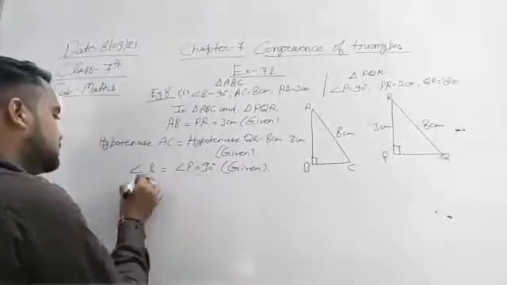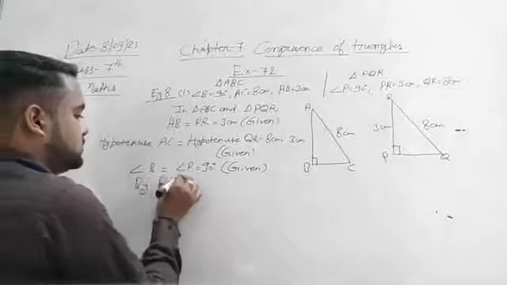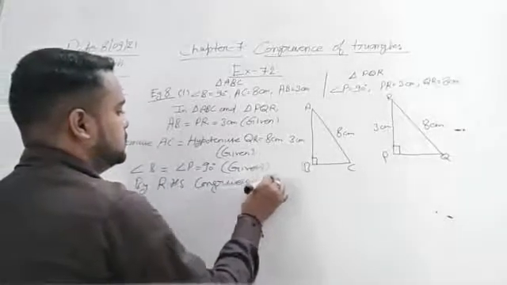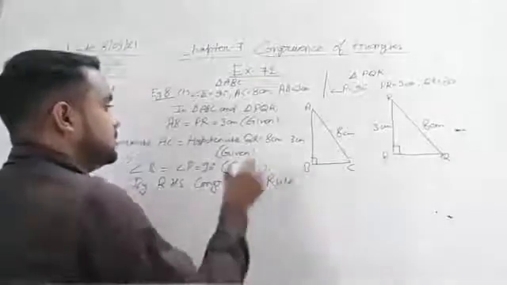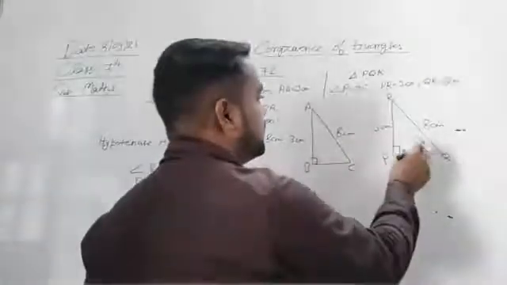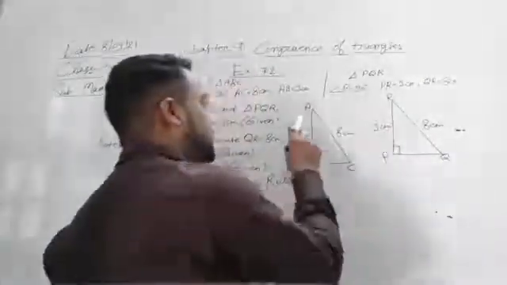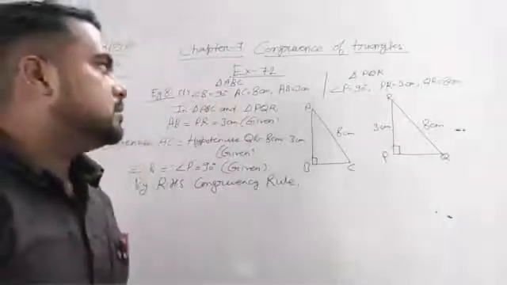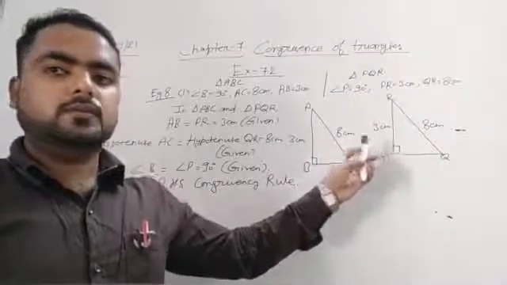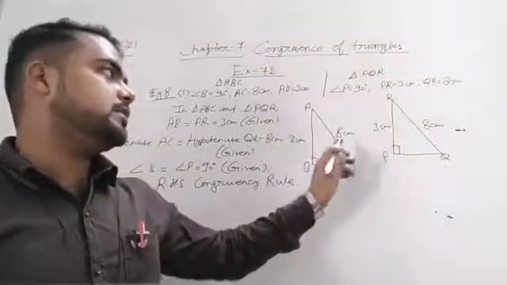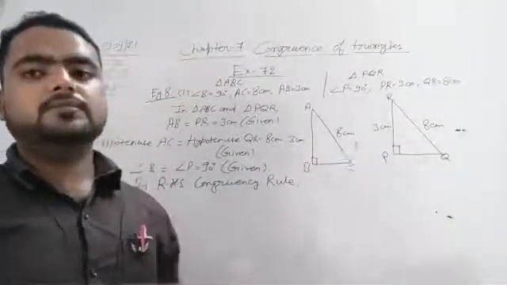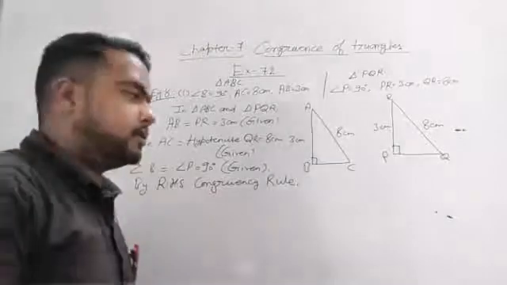So by RHS congruency rule, we find one hypotenuse, AC and QR, both equal to each other, one side AB equal to side PR, both 3 centimeter, and one angle, angle B equals angle P, each of 90 degree.